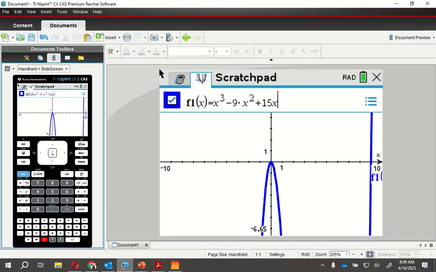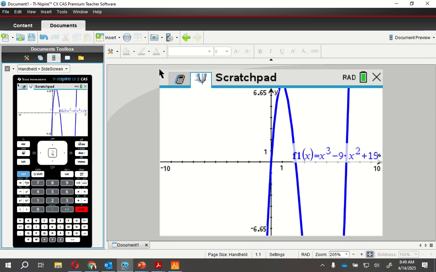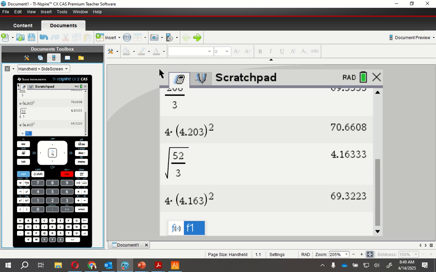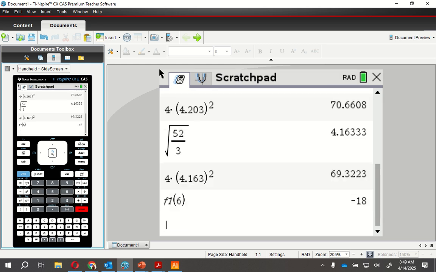There we go. Yes? Alright, I'm going to hit enter. I get that there. Now I'm going to go right here, watch this. I'm going to use the vars. So my function, I'm going to plug in 6. There you go. It evaluates for me, and it does it a lot faster. So for a lot of these problems where you have access to the calculator, that is going to be one of the things that saves you a whole lot of effort and time. Just plug in your functions. So it's negative 18.